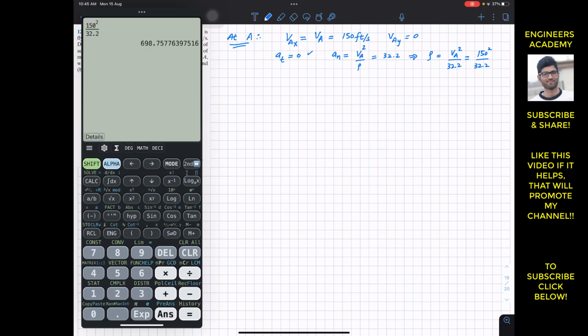This gives us the radius of the curvature at point A equal to 698.76 feet. So this is the radius of curvature at point A, the tangential acceleration at point A is 0, and the normal acceleration at point A is 32.2 feet per second square.